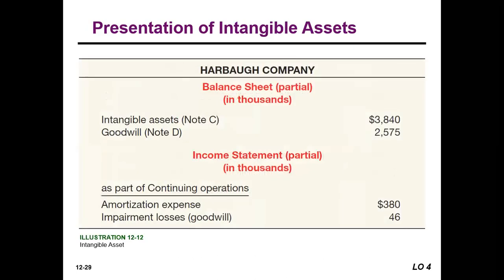And this illustration or picture out of your book, this is on page 627. It's basically just showing us that the presentation on the balance sheet is the net amounts, right? And if we look at page 627, it also shows us how these notes look, like how note C looks, how note D would look, right?